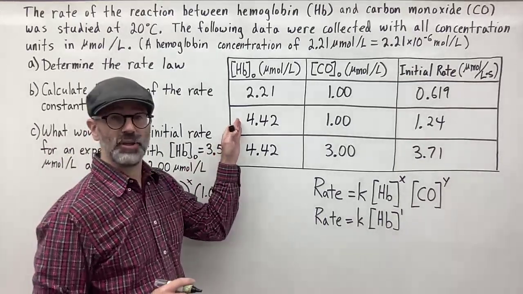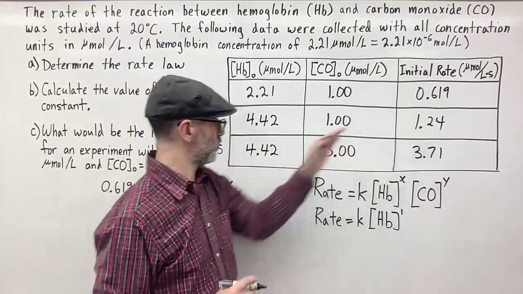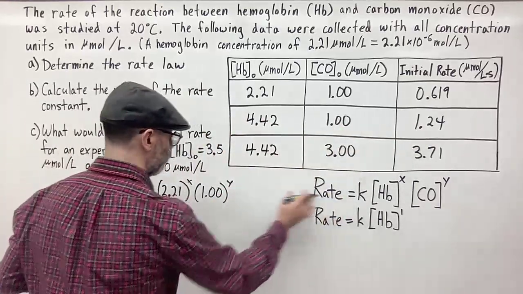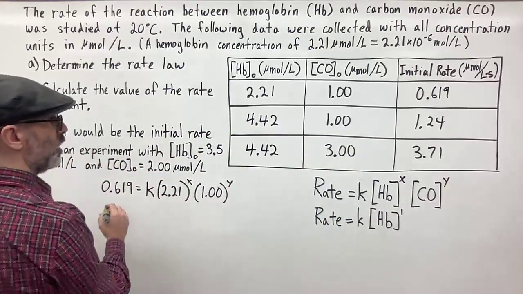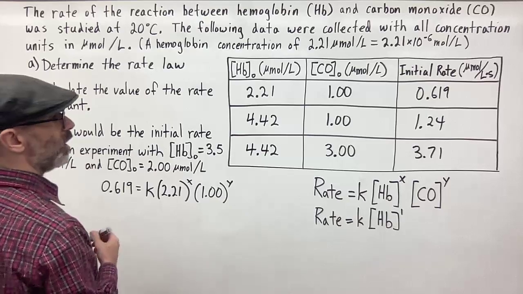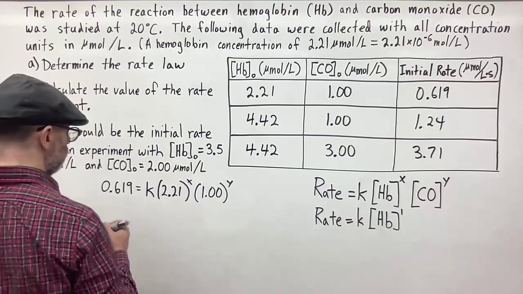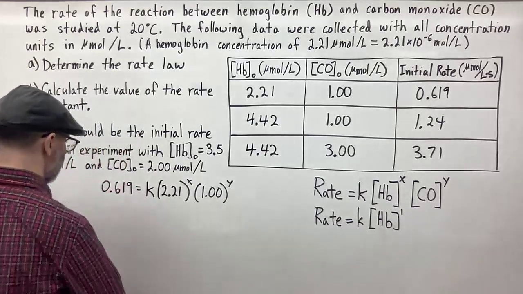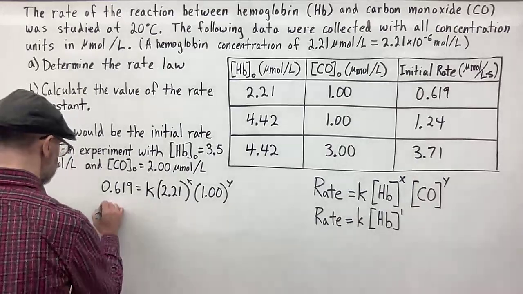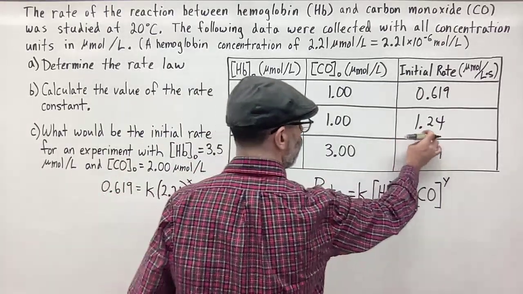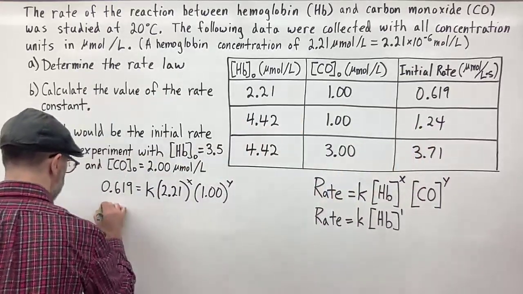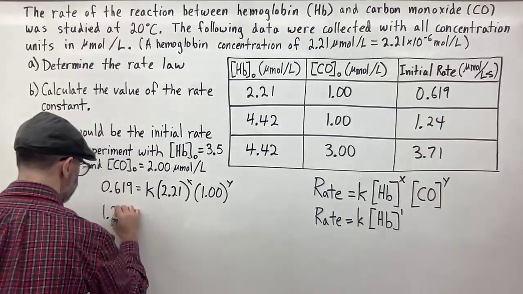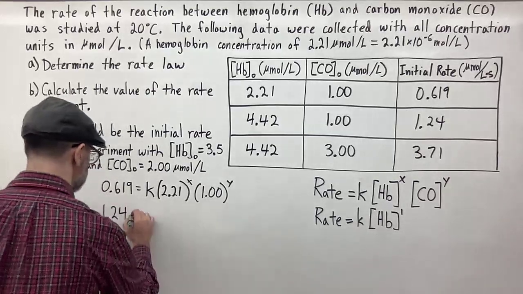And then we do the same thing for our next one. So we're going to plug everything into the rate equation here. Same thing. So this time it's got 1.24 for the rate.